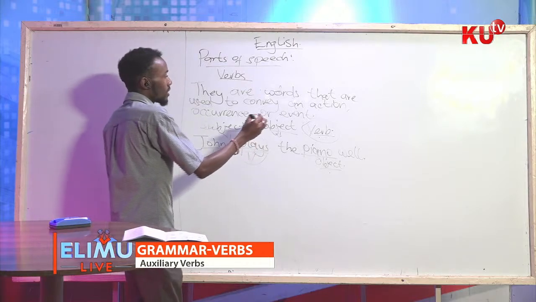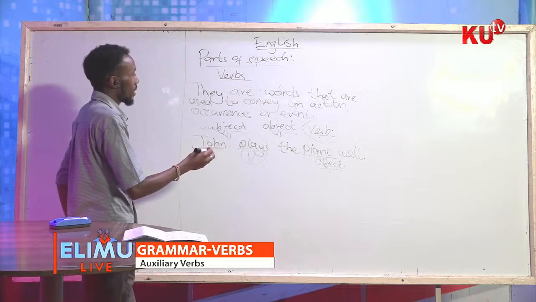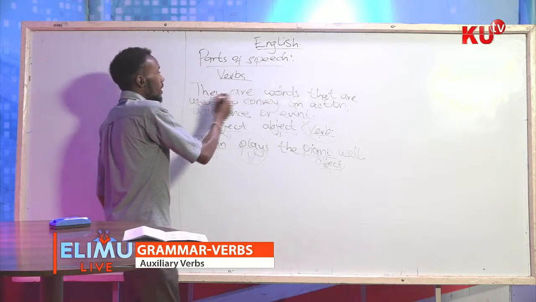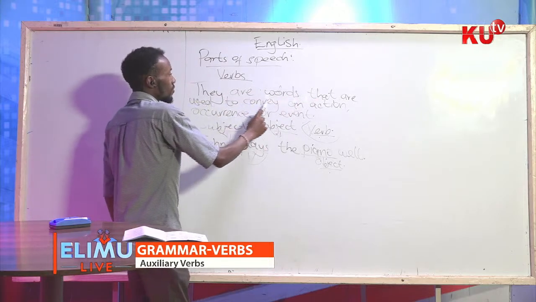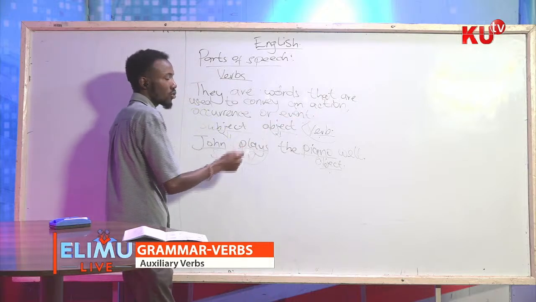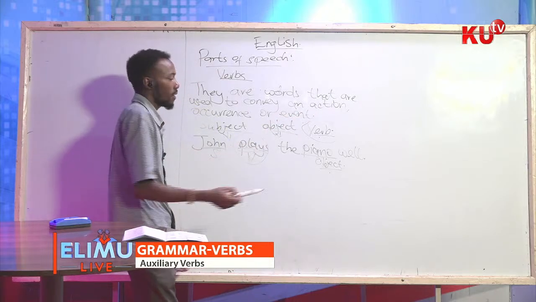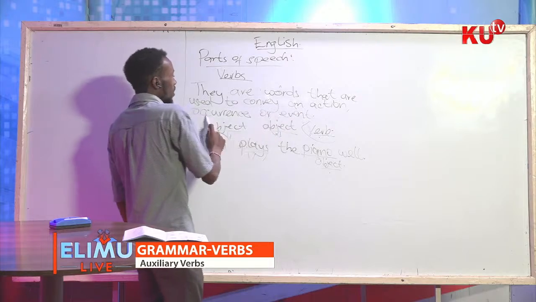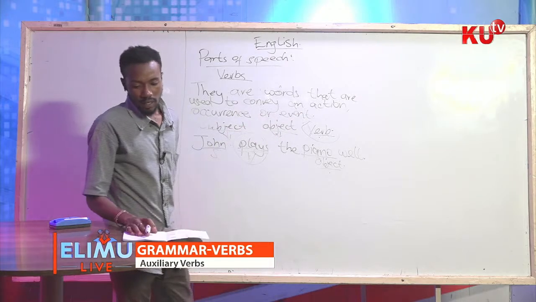So that's what I wanted to clarify when we say that verbs are words that are used to convey an action. This is the action of playing, an action, an occurrence, or an event.